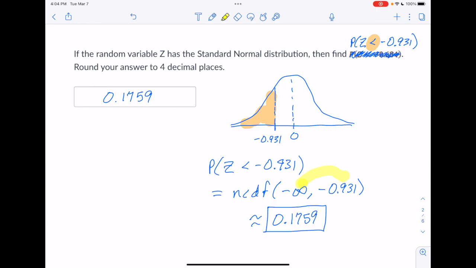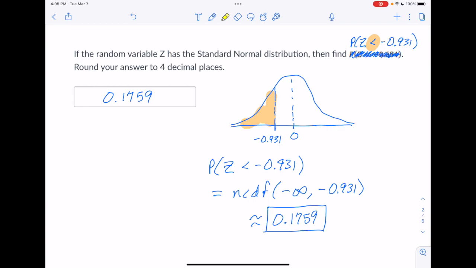You have to put the left side first and the right side second, otherwise you'll get a negative answer. Another thing people sometimes do is forget the negative. If you put a positive infinity there, then you would actually be finding the area on the other side, and it would come out negative because you'd have your left and right switched.